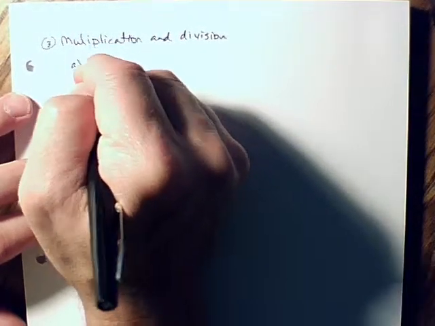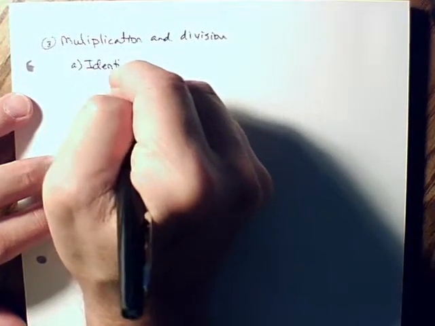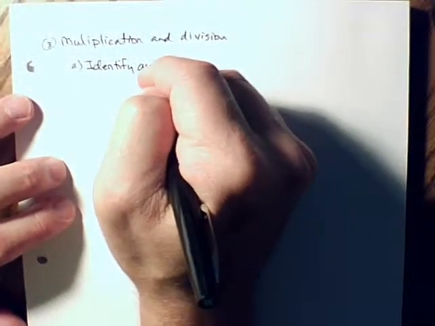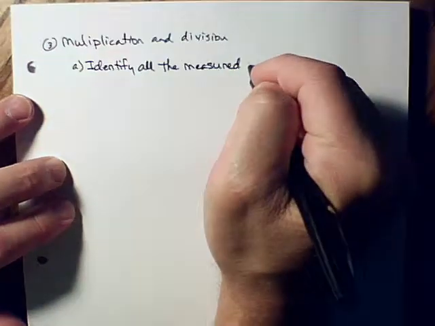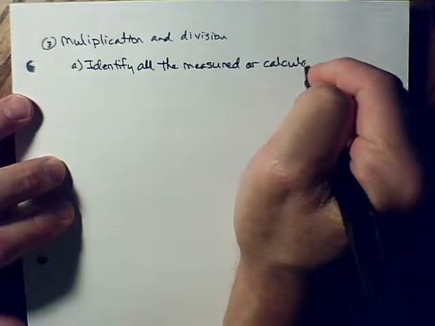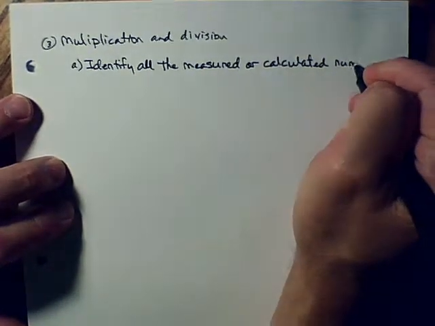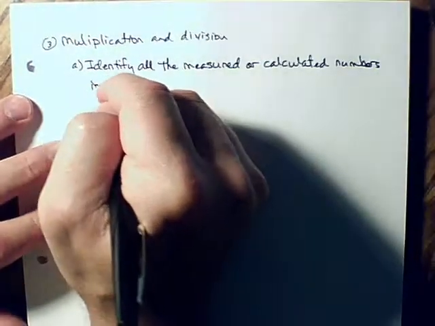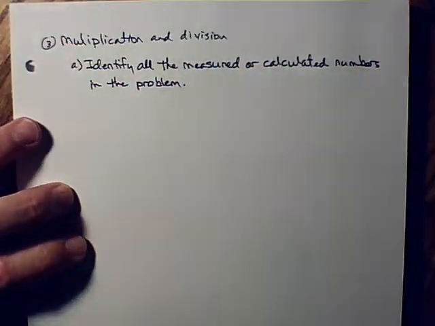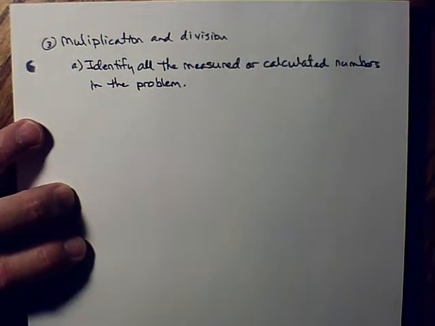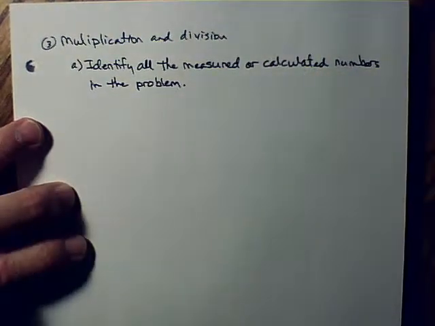So the first thing you want to do is identify all the measured or calculated numbers in the problem. This is another reason why units of measurement and species are so important when you're writing out problems with real world stuff like in chemistry. Because it's really hard to tell what your measured or calculated numbers are without those.